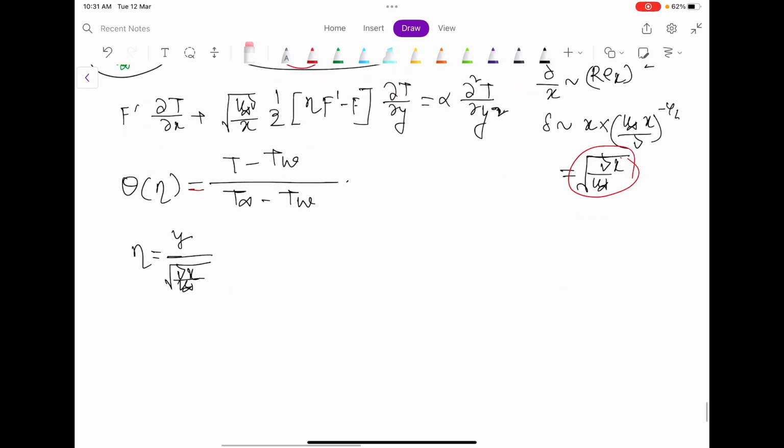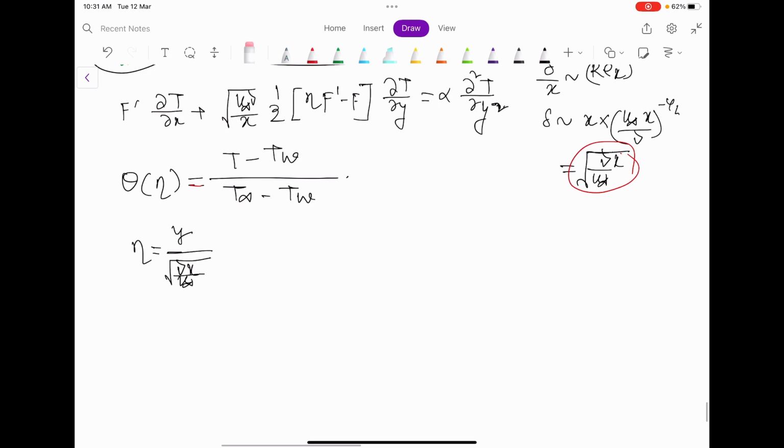So now I have to convert del T del x, del T del y, and del 2T del y square in terms of theta and eta. So del T del x is what? So del theta by del eta. Okay, let us proceed step by step.